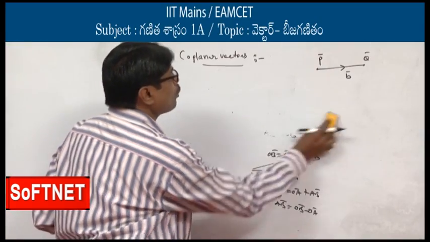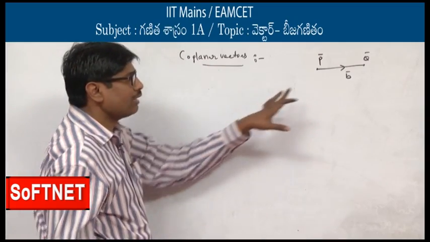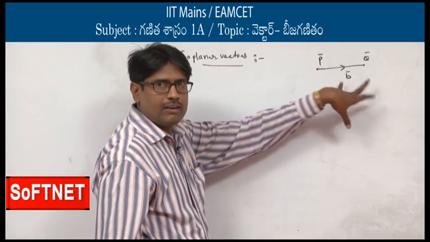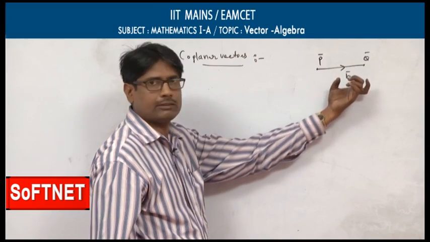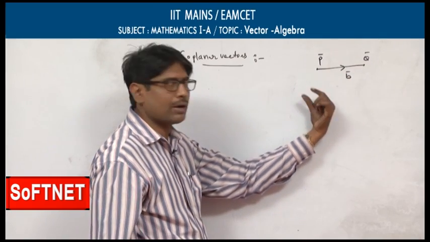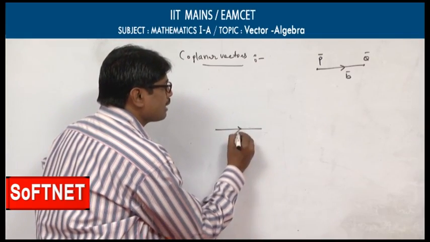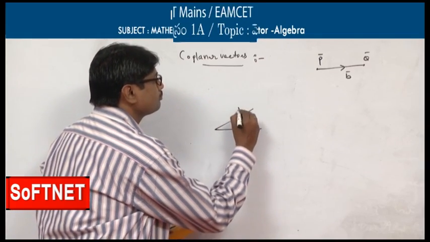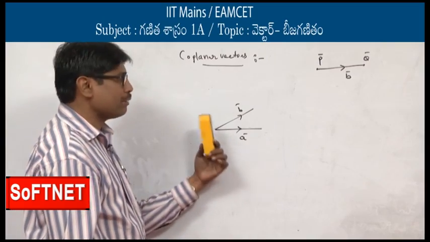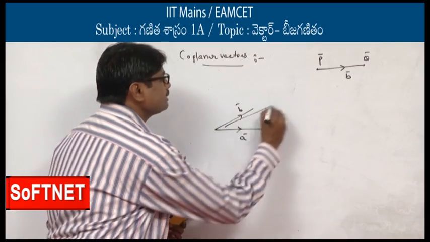Now, to define coplanar vectors, we started with a vector and a vector point. P and Q are vector points. Joining two vector points, a vector will be formed. Two vectors always construct a plane. If A bar and B bar are two vectors, they construct a plane.